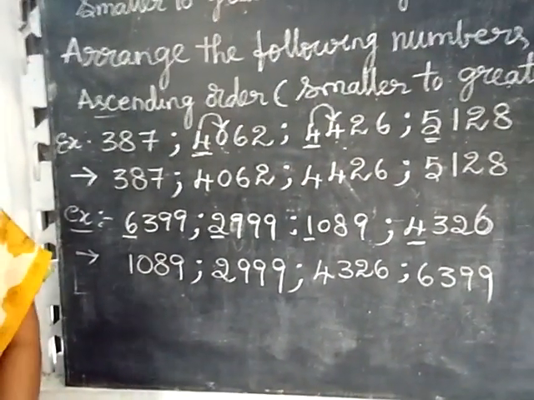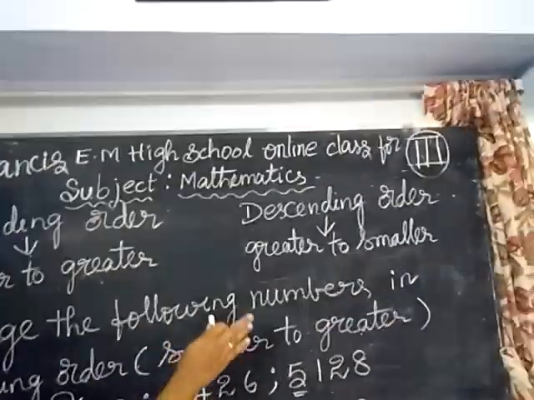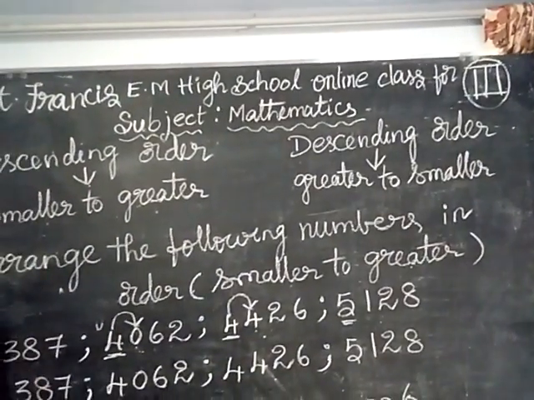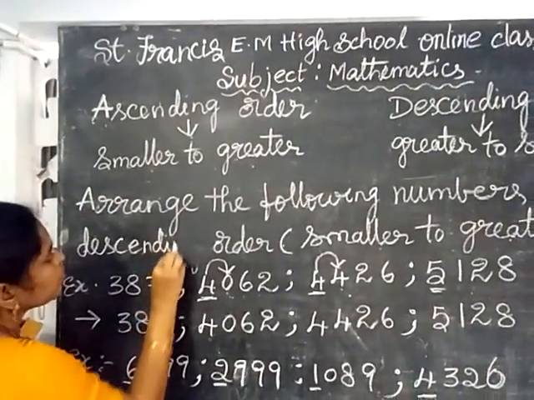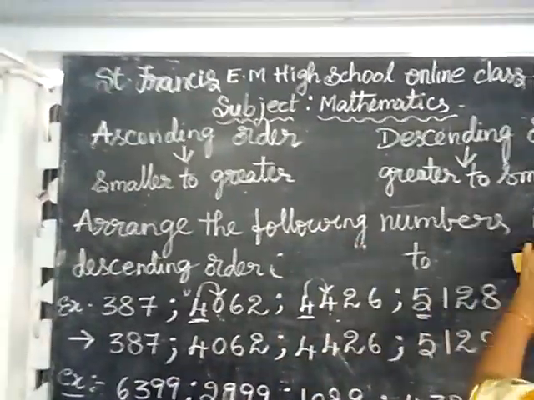Now arrange in descending order. Descending order means greater to smaller. So arrange the following numbers in descending order. That is greater to smaller.